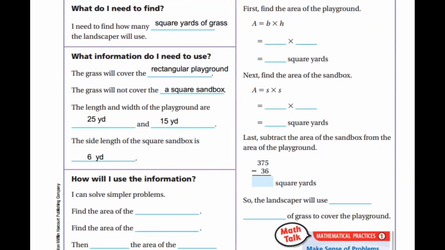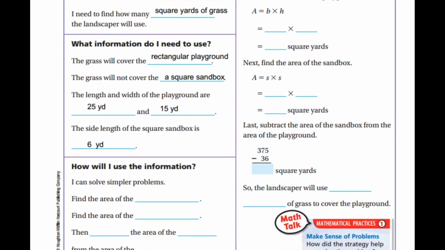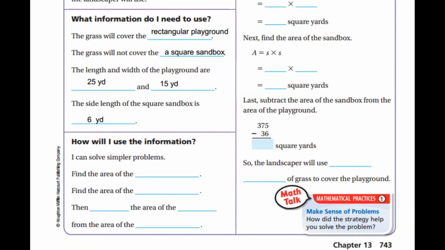So how will I use the information? I can solve a simpler problem. First, find the area of the rectangular playground. Find the area of the square sandbox.